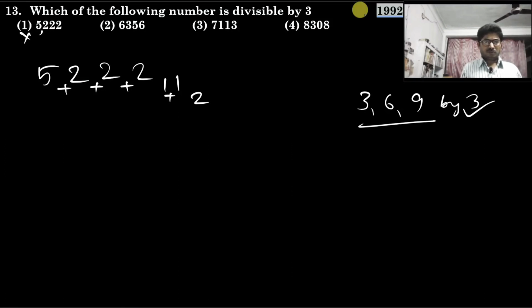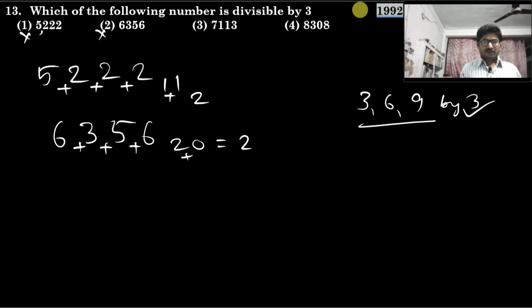Next, 6356: 6, 9, 14, 20. 20 means 2. We haven't got 3 or 6 or 9, so this is also not divisible by 3.